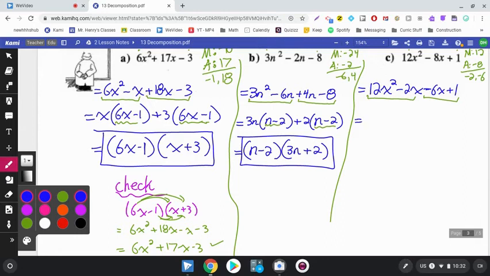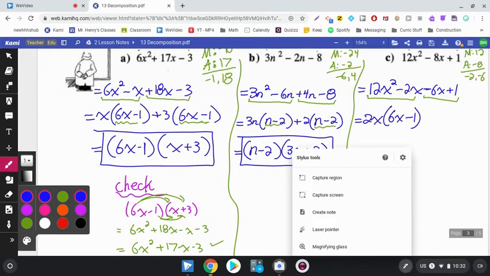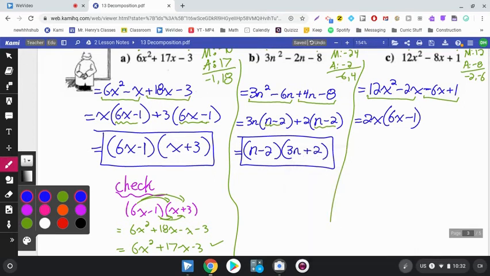The first two terms, I could factor out a 2x, and you get left with 6x minus 1. In the next grouping, negative 6x plus 1, I always have to factor out the negative if it's on the first term of the group. So 6x and 1 don't have any common factors, but I have to factor out the negative. I have to divide by negative 1.